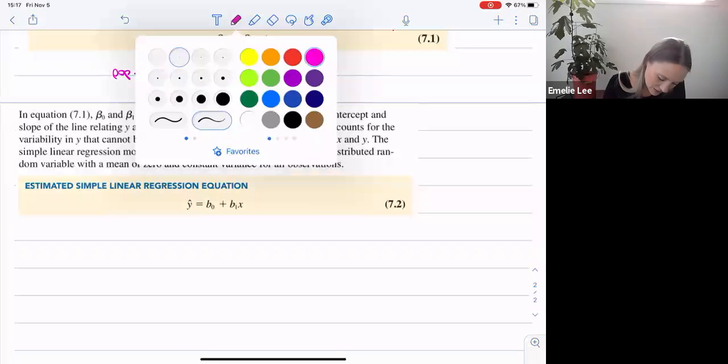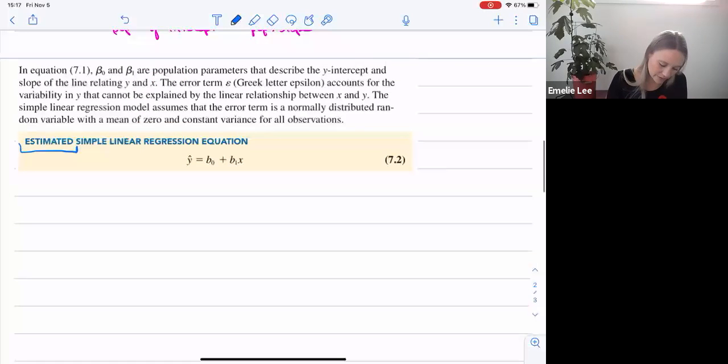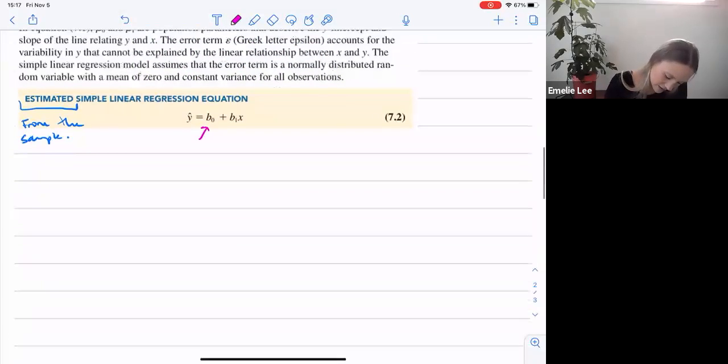So it's the estimated simple linear regression equation. That means it's from the sample. Just like the sample mean is our best estimate of the population mean, the estimated simple linear regression equation is the best guess at the population linear regression equation, right? Same idea. So now I have this sample y-intercept.